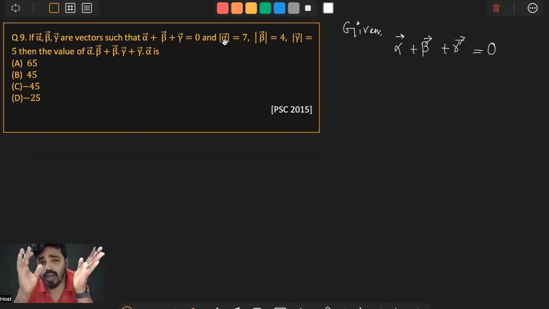In the previous problem, alpha, beta, gamma were unit vectors, that is modulus alpha is 1, modulus beta is 1, modulus gamma is 1. So just the values are changed, 7, 4 and 5 are given. So we will proceed the same way.